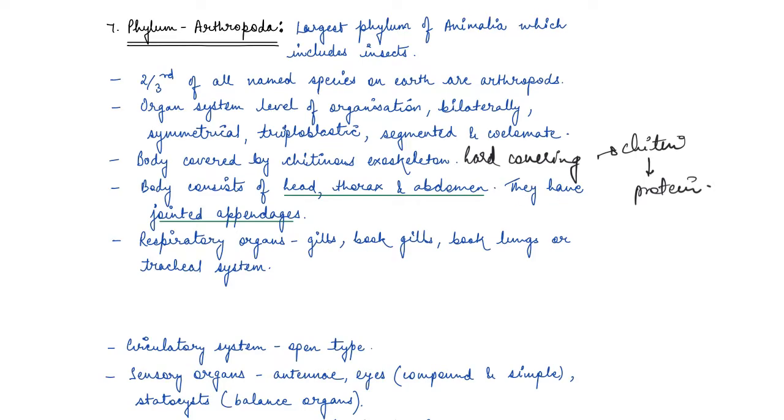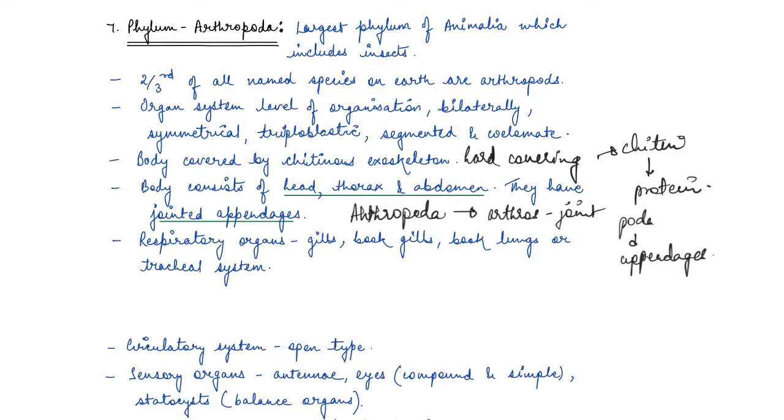And that is how their name is Arthropoda. If you understand the meaning of this word, it is basically broken down into two words. First is arthros, which means joint, and poda, which means appendages.